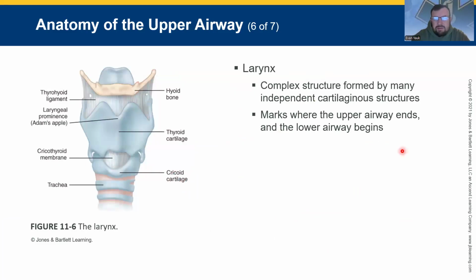Your larynx, a complex structure formed by many independent cartilage structures. It marks where the upper airway ends and the lower airway begins. That is important to remember. Got your cricoid cartilage. Here's your trachea and then rings we talked about in class.